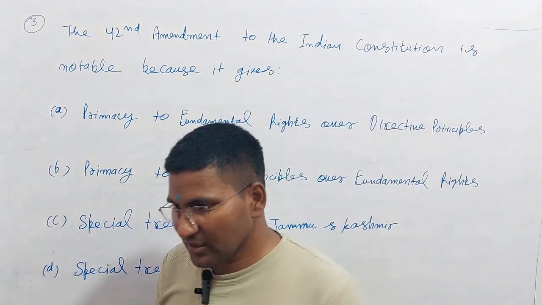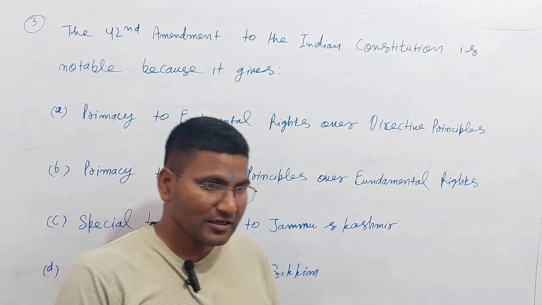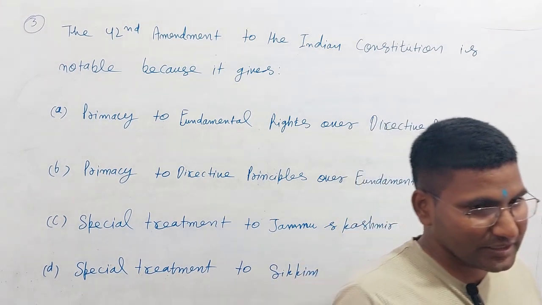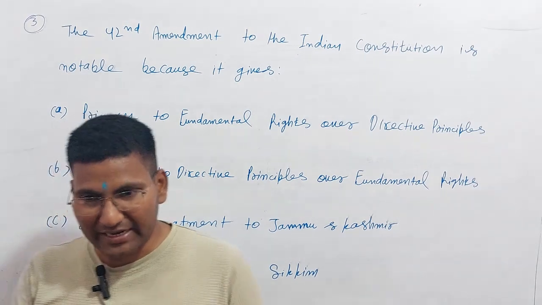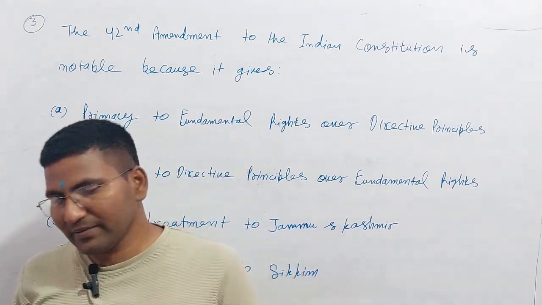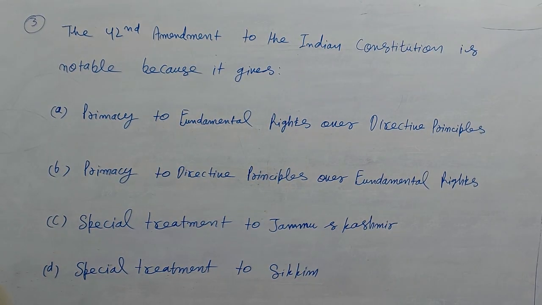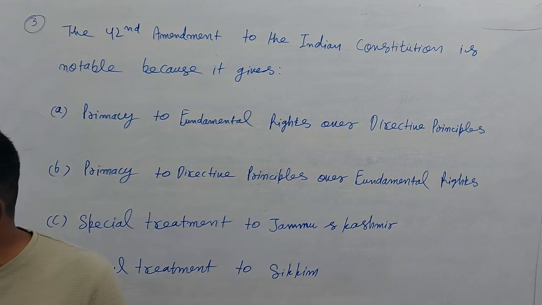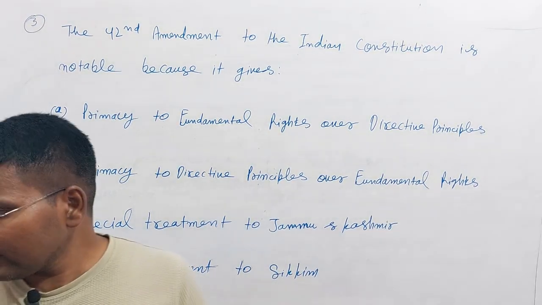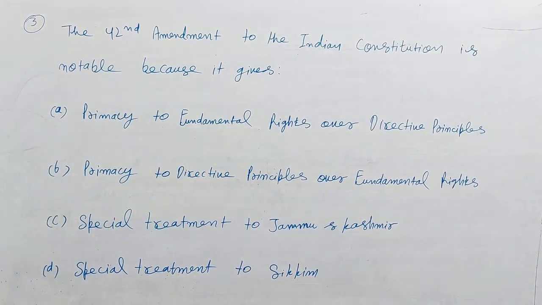In this amendment, the most notable thing was that the DPSP was given more importance than the fundamental rights. The 42nd amendment provided that laws made for the implementation of directive principles cannot be declared invalid by the court on the ground of violation of some fundamental rights.